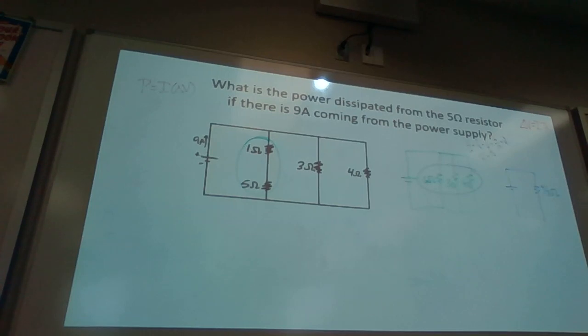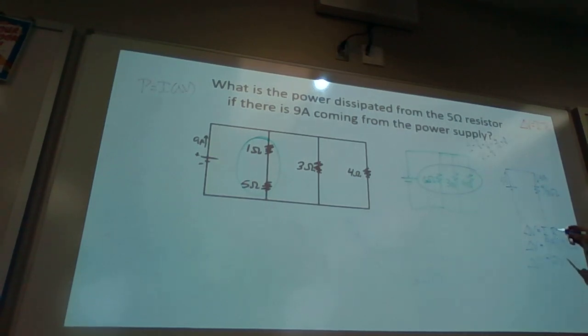Okay, here we go. I know there's 9 amps going through here, therefore there's 9 amps going through here. I'm missing the voltage. So I've got 9 amps times 4/3 ohms. Find that to be 12 volts.